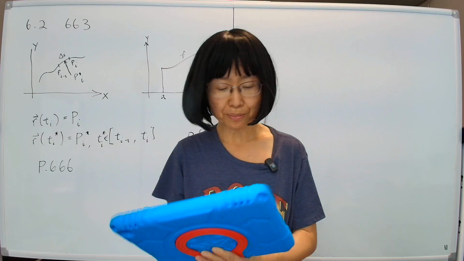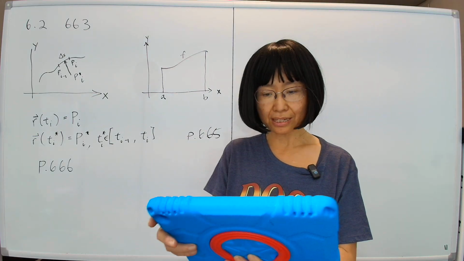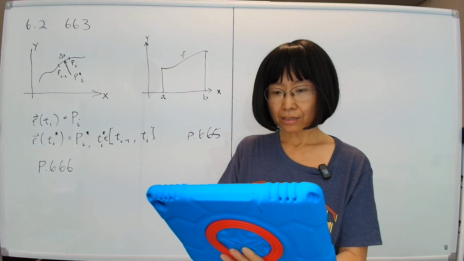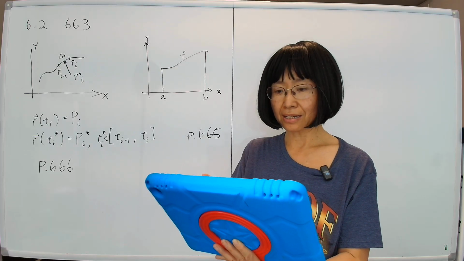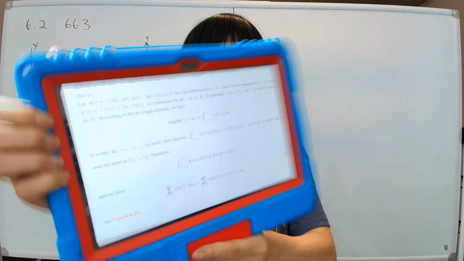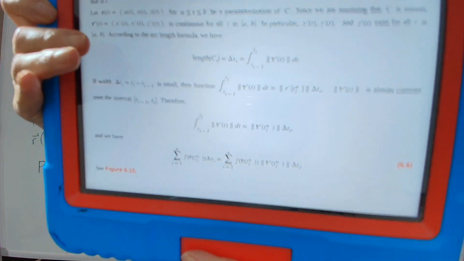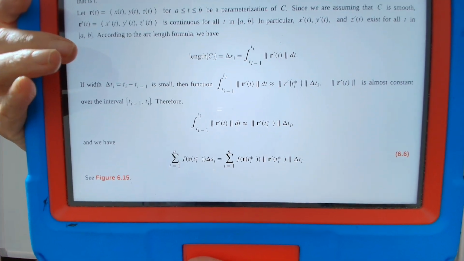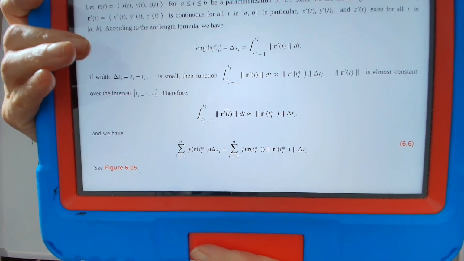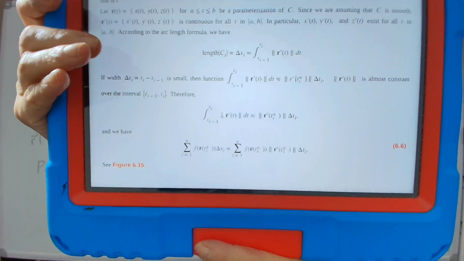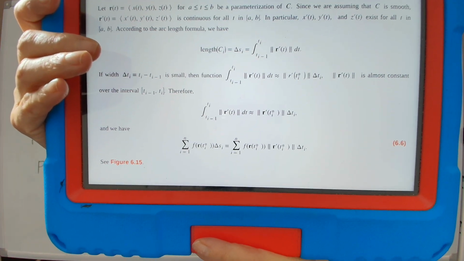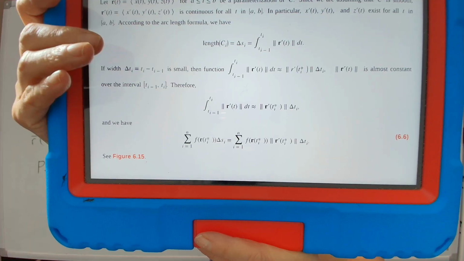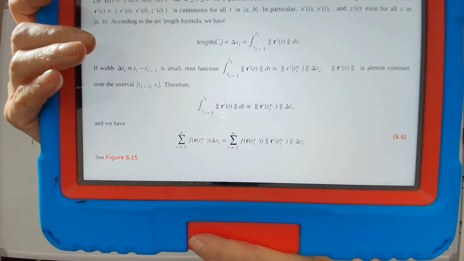Next, let's go to page 666, where we have a condition where we're considering the delta S. Okay, now delta S is, what is delta S? Now, as we saw in a few moments earlier, the length of S is the arc length, that is, the arc length formula gives that delta S is equal to the integral of R prime, right?